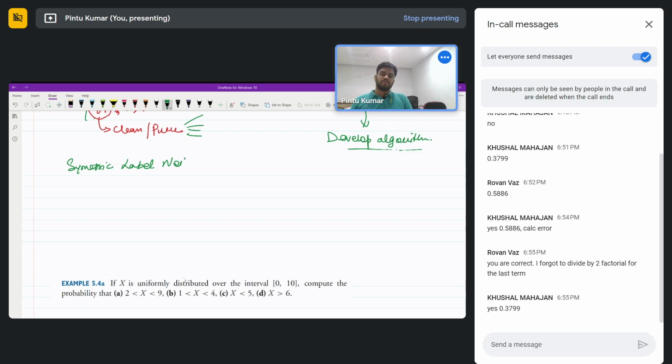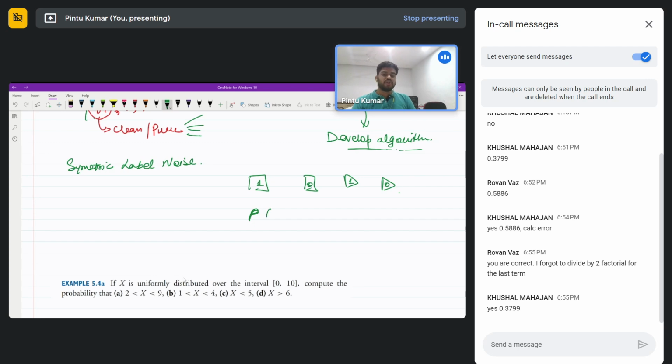Let's say you have some data points, say 4 data points, and they have 2 labels, either 1 or 0. So what does symmetric label noise say? That with probability p, it will flip the label of any data point that you have.